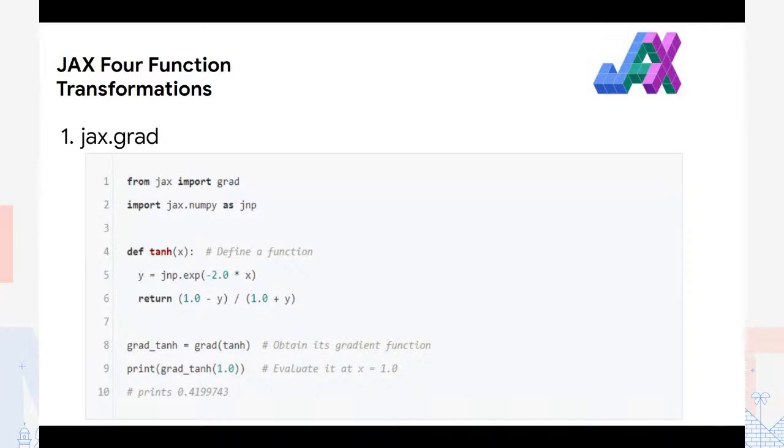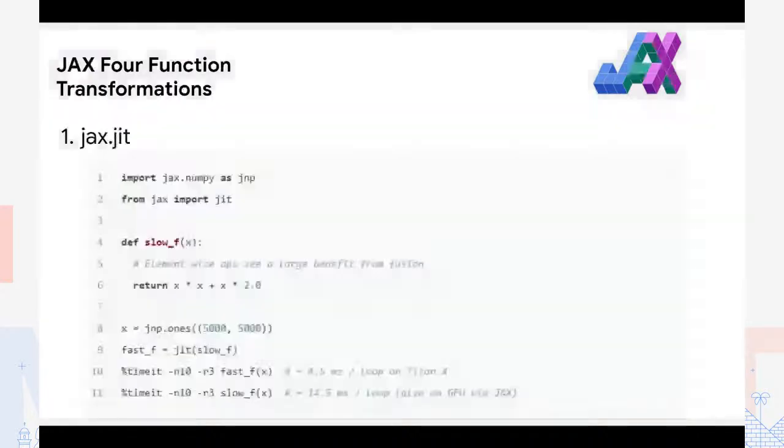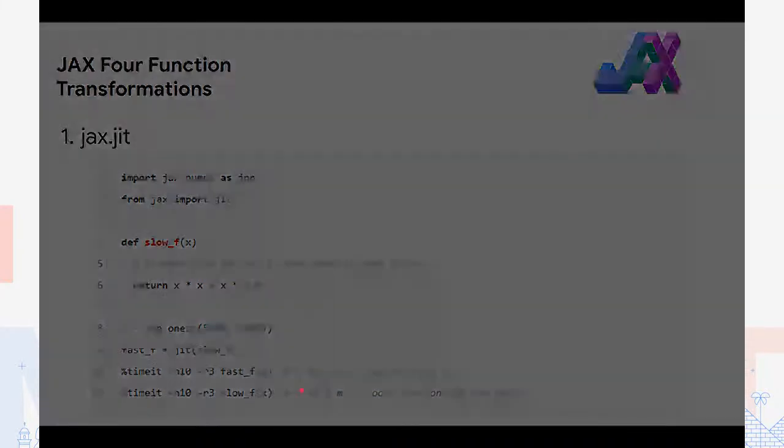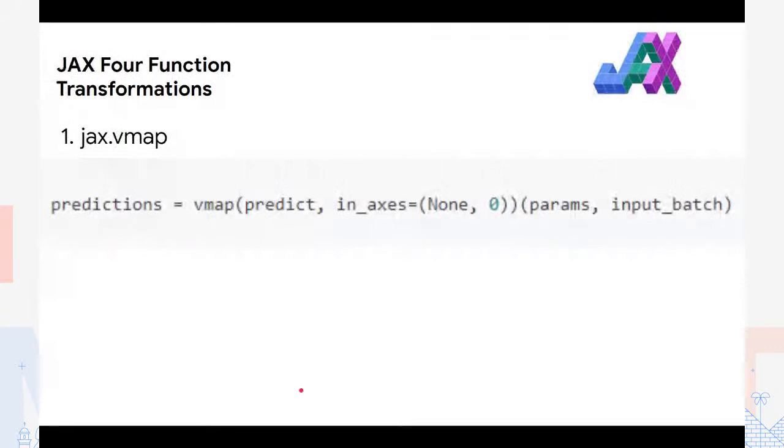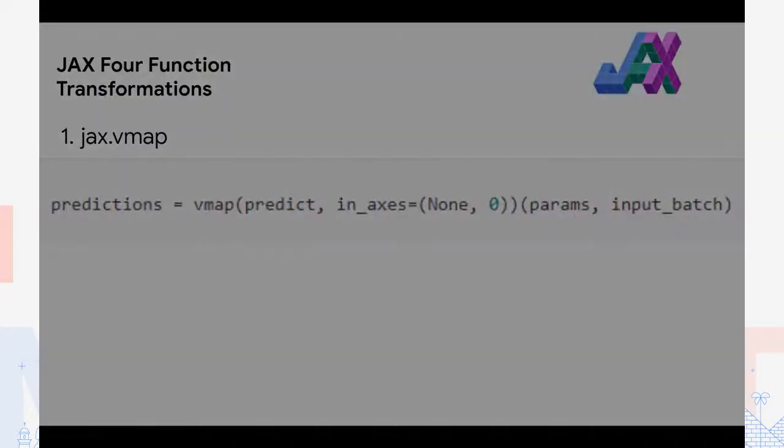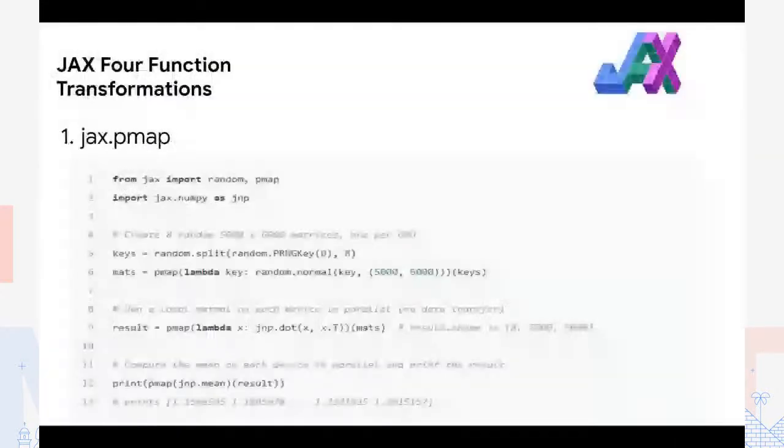Because when using neural networks with JAX, we will see that there will be some extra coding compared to TensorFlow or PyTorch. So it's good to have those transformation functions here, and those are the most common, the most famous ones. We have the gradient that helps to calculate the gradient. We have the jitting function to accelerate the training, especially in terms of time. We have this Vmap function for multiple inputs, applying a given function to multiple inputs. And finally we have this Pmap to do parallelizing operations across multiple devices.